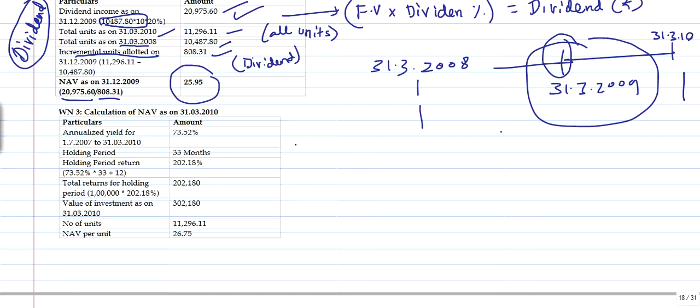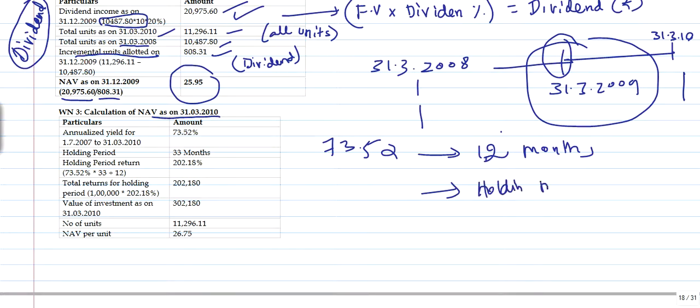So from here we know 73.52 is the annualized yield. So this is for 12 months. For the NAV calculation, redemption, we have to calculate for the entire holding period. So what is that?